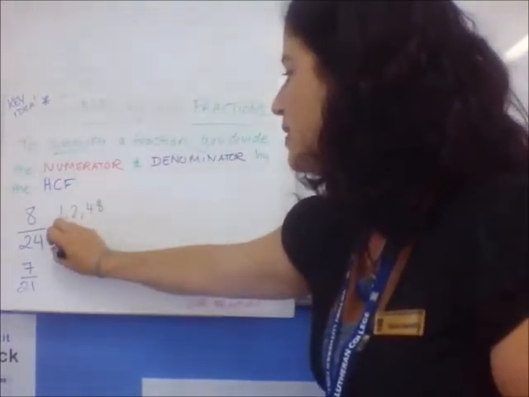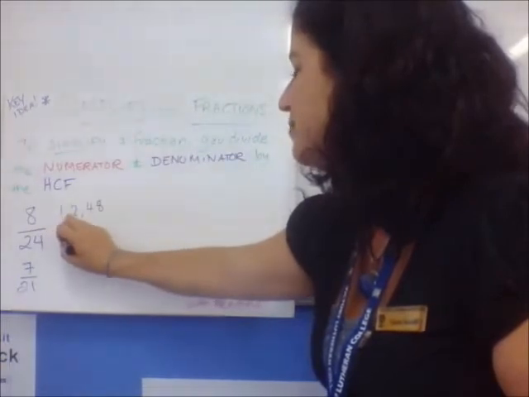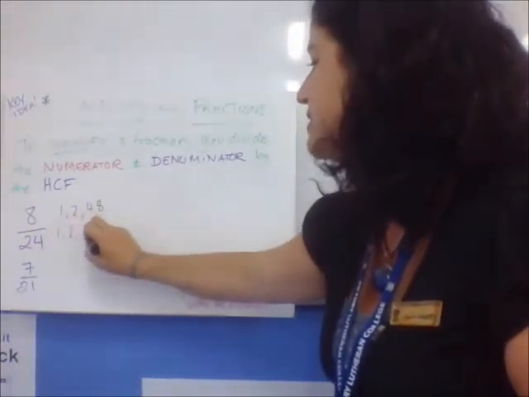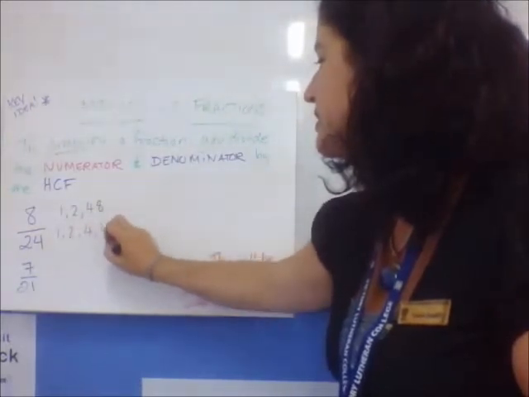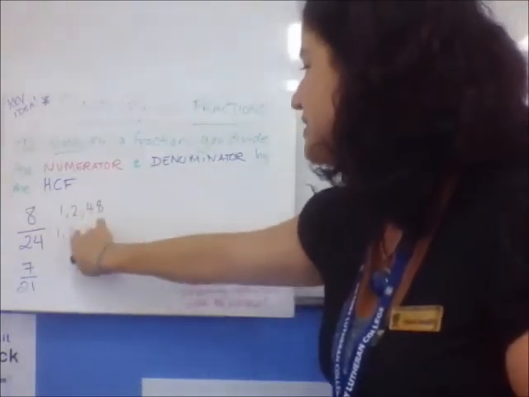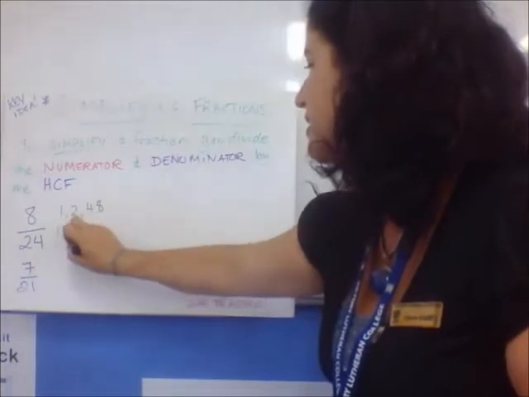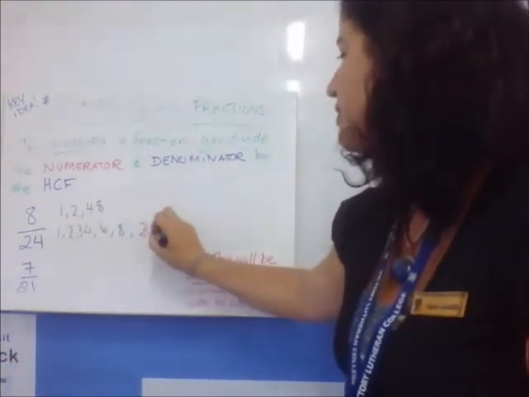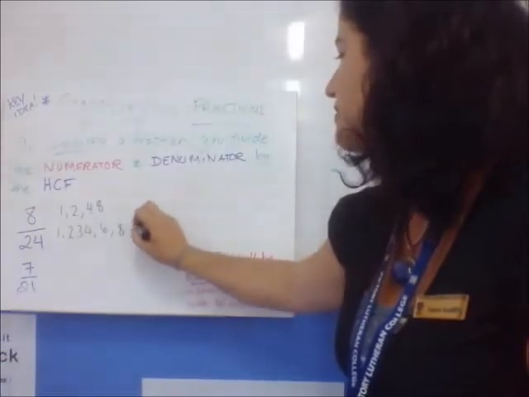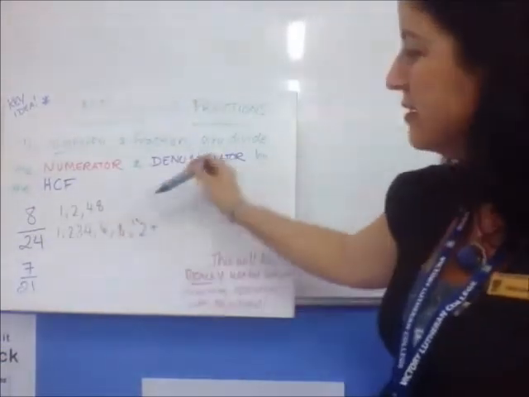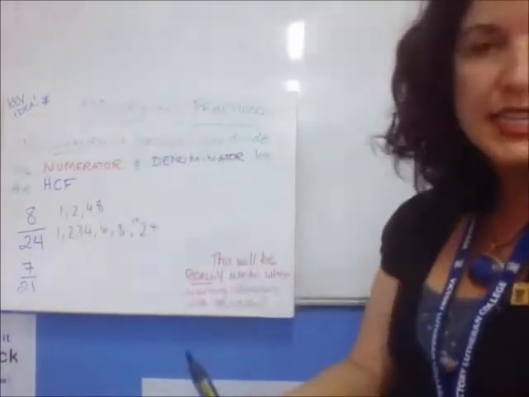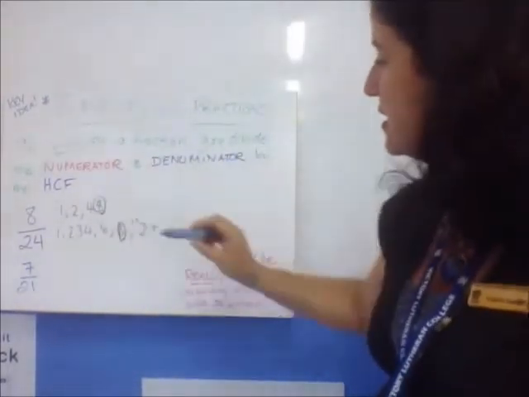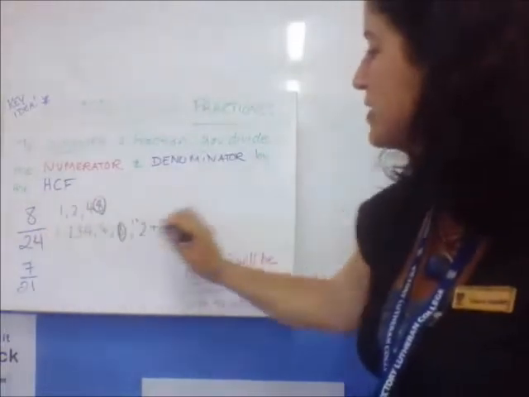Let's say we've got 1, 2, 3, 4, 6, 8, 12 and 24. Okay, so if we're looking here, what's our highest common factor? It's 8.